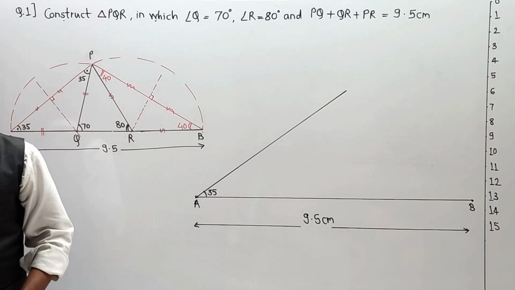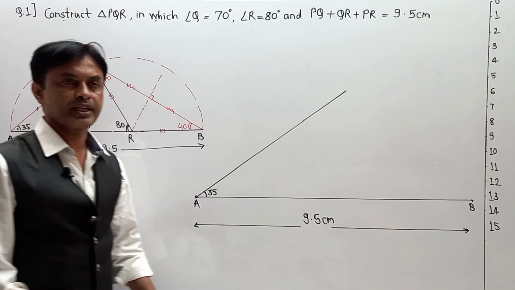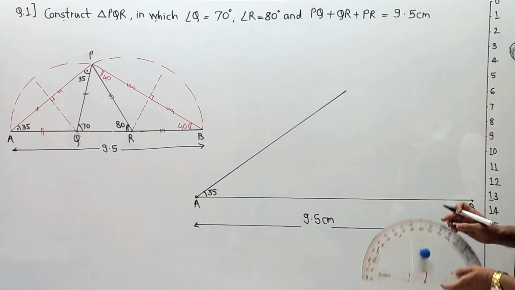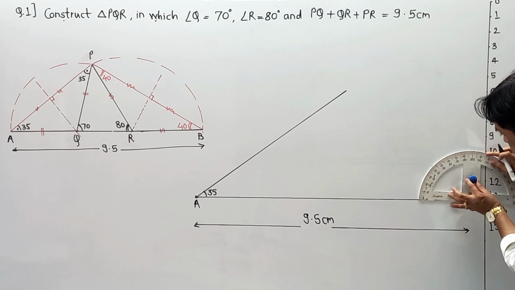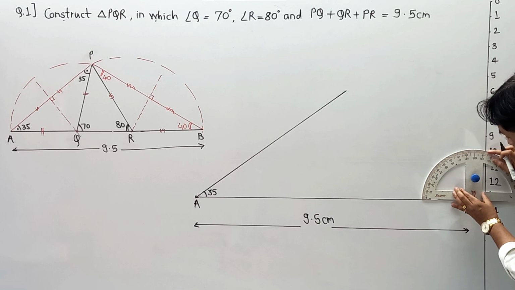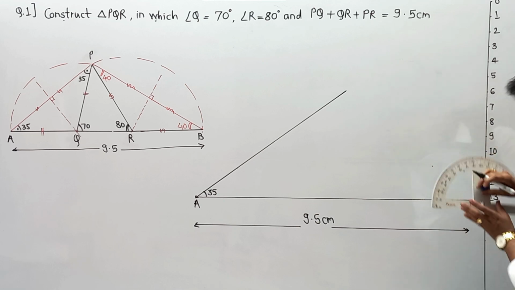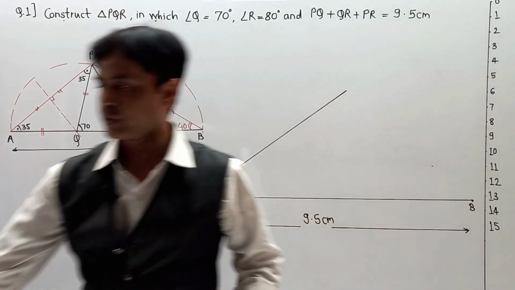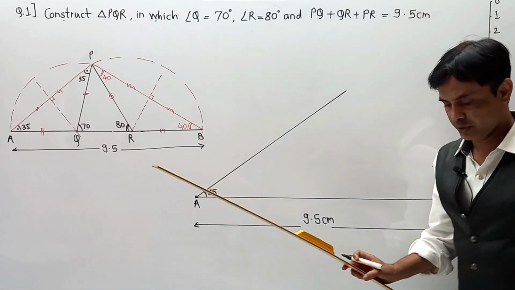Now in a similar manner, we have to take an angle from B, and that is 40 degree. So here from point B, we are going to take an angle of 40 degree over here. And now again we are going to draw one line which makes an angle of 40 degree over here.